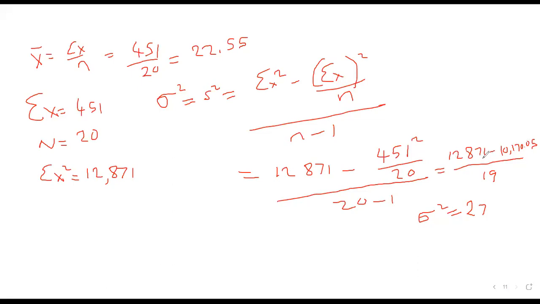Divide by 19. The final is 142.155. Then when you square root it, what are you getting? 11.922. So who got this one here now?